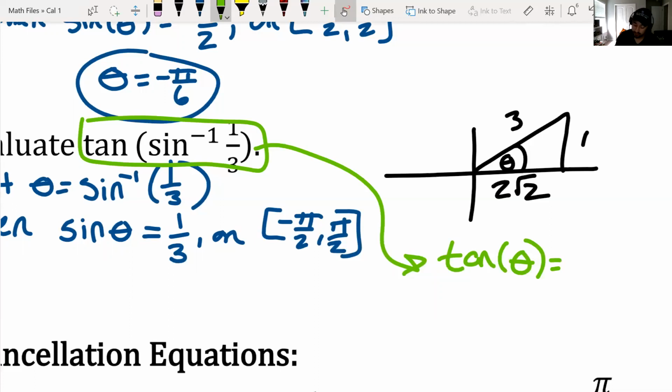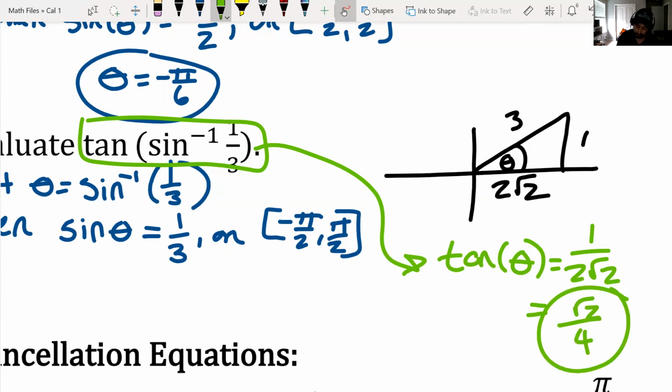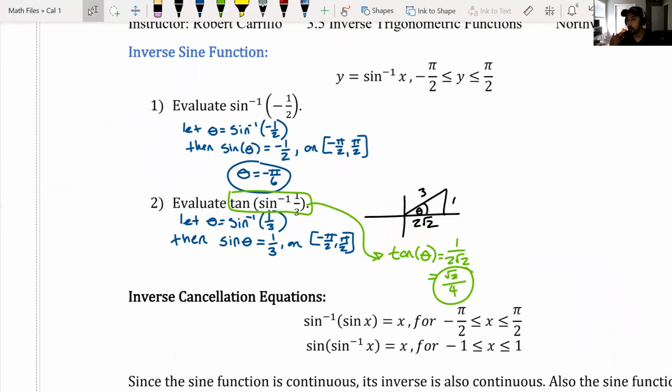Tangent of that theta is opposite over adjacent. Rationalize, and we get square root 2 over 4. And that's it. So that is your trig refresher. Bring back some memories? I hope so.